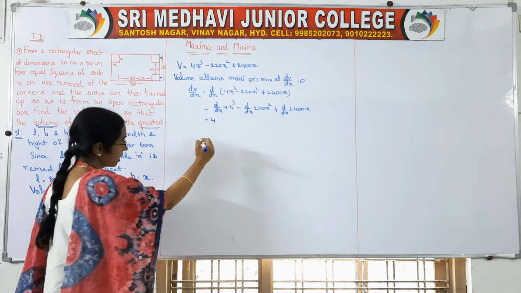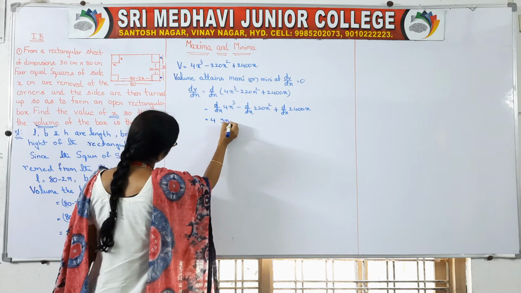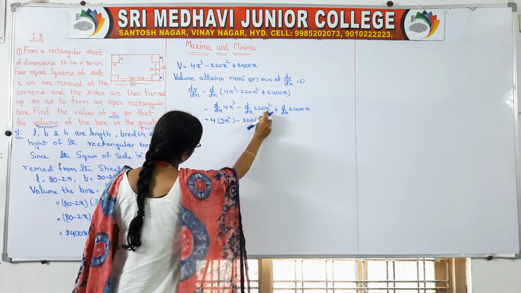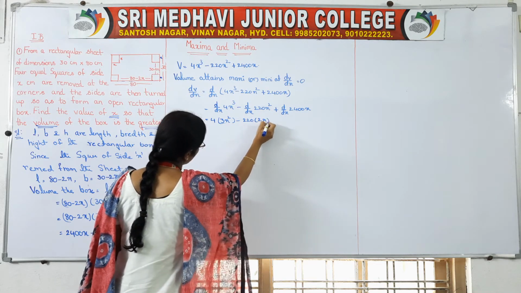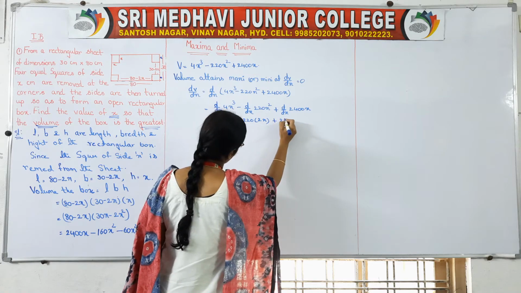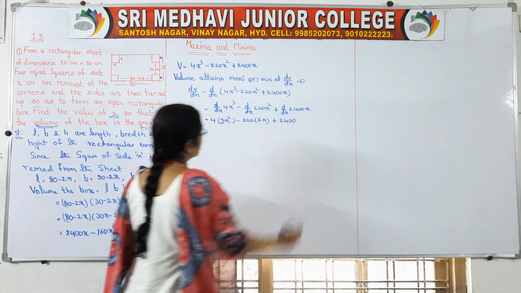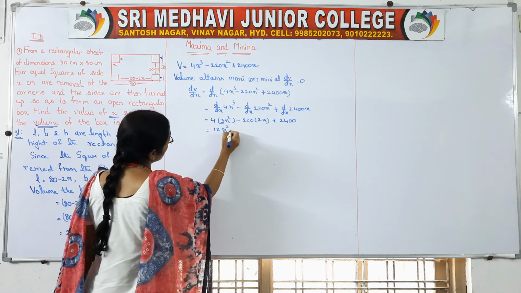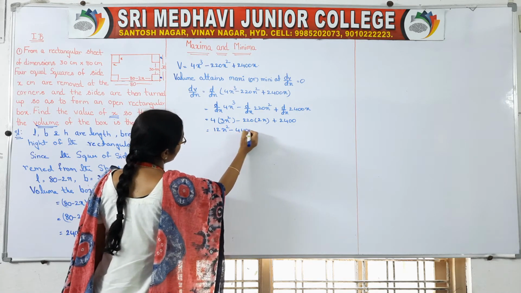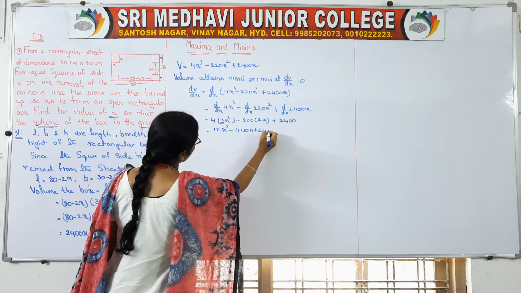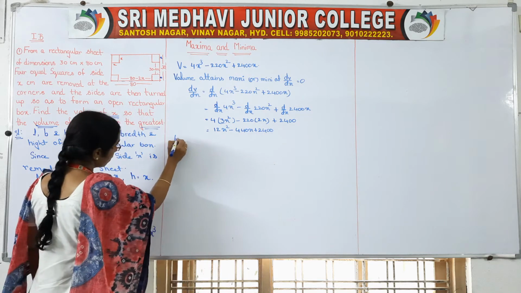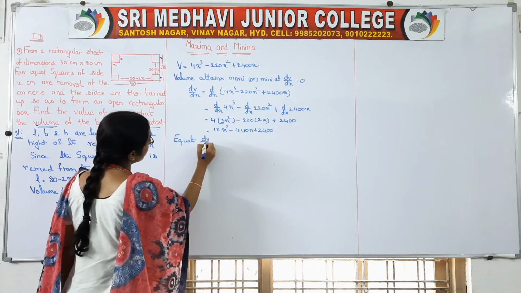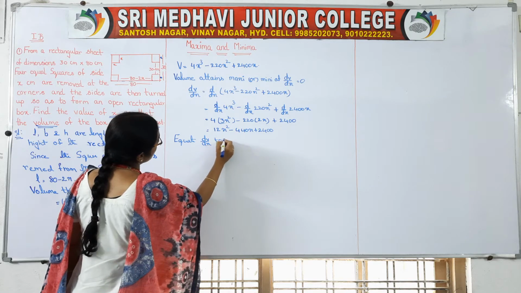4 into d by dx of x cube is 3x square, minus 220 is a constant, d by dx of x square is 2x, plus 2400. So it is equal to 12x square minus 440x plus 2400. Equate dV by dx to 0.